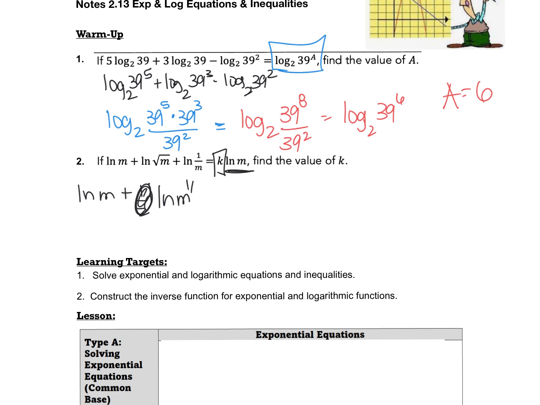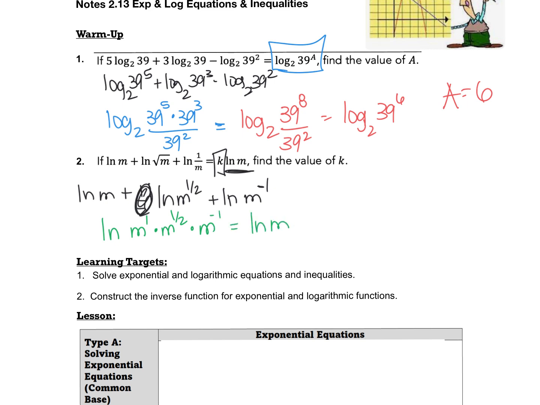ln m to the 1/2 plus ln. What power is m going to be to in that last one? -1. Good. Okay, to the -1. Now, what we want to do is get that into a single logarithm. Everything's being multiplied. So it's going to give me ln m to the 1st times m to the 1/2 times m to the -1.